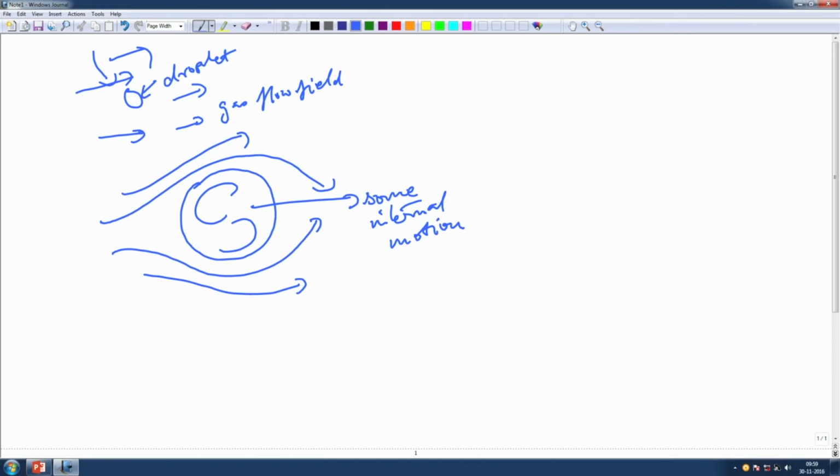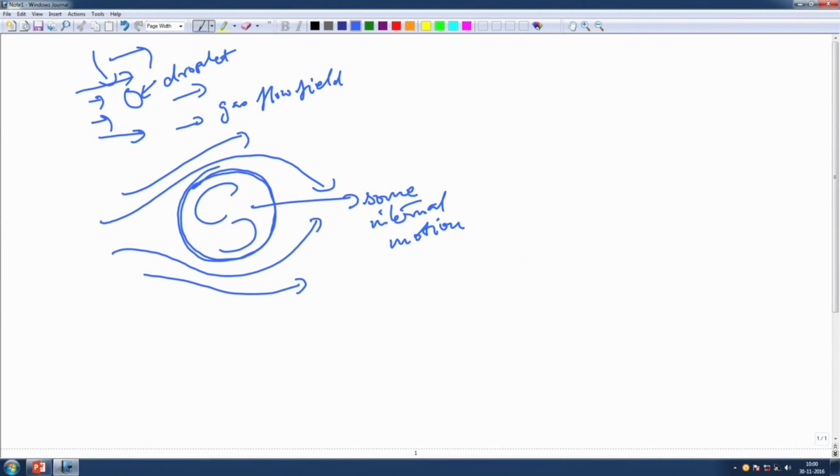The droplet's own velocity and the velocity of the gas flow field around it are different. As a result there is shear created along the surface, and as a result there will be a flow generated inside. The magnitude of the flow will be low, but as we will find out in due course, the liquid phase Reynolds number is not small.